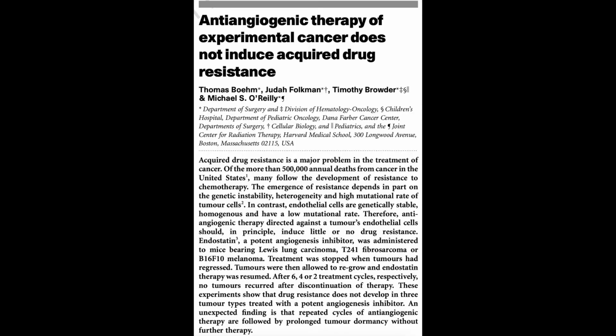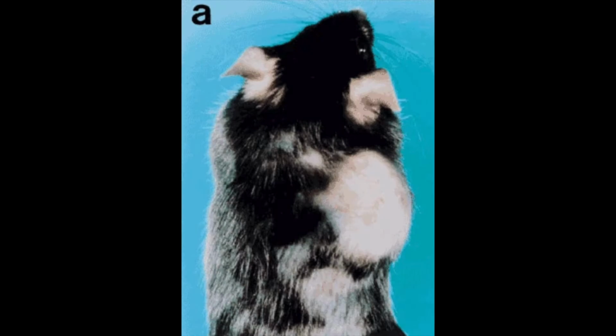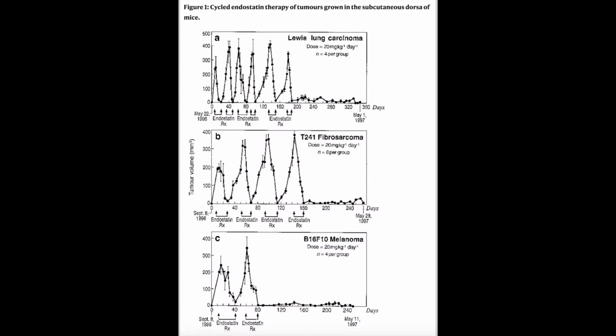So what they did to investigate this is in mice, they had mice that were predisposed to a few different types of cancers. There was a fibrocarcinoma, melanoma, and lung cancer. And they basically encouraged these tumors to just grow inside of these mice, and then they would hit them with endostatin and let the tumor shrink way down.